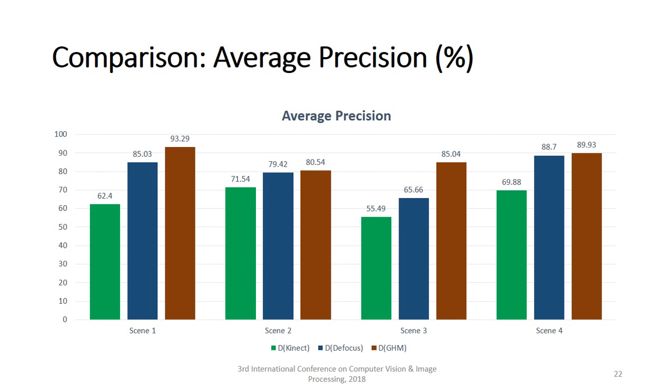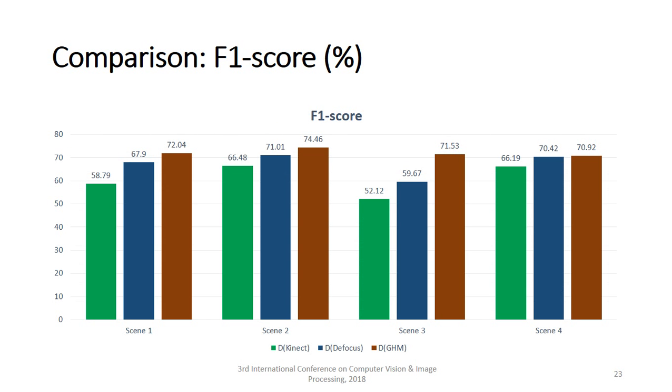So in terms of average precision, our method works quite well in all the 4 testing scenes. So we achieve average precision as high as 93.29%, and the performance is better than the compared ones. So these are the results in terms of F1 score, and as you can see, it's just like the average precision one.